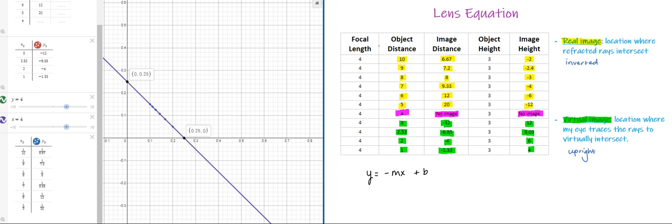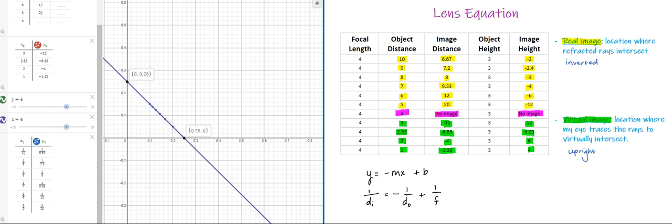The y value was the image distance, but remember it's the inverse of that, so it's 1/(image distance) is equal to, the slope is -1, so I'm just going to leave that as negative, the x was the object distance, or the inverse of that, so 1/(object distance). And what we see now is that the intercept, for this function, is 1/(the focal length), which is really cool.